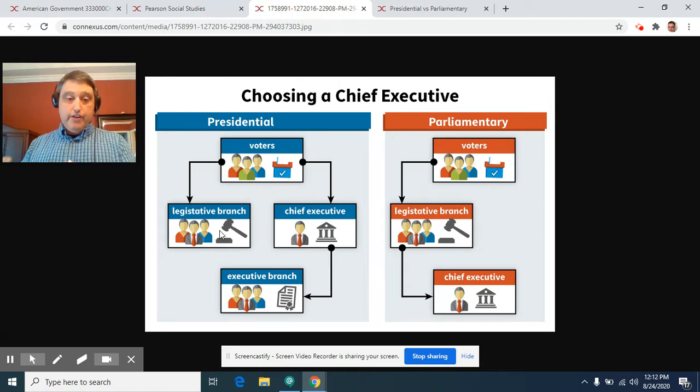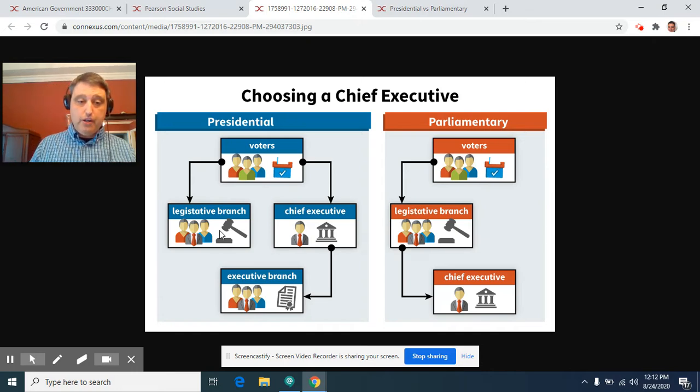The chief executive is the person who actually puts those laws into place. In the United States, that chief executive is called the president. In the UK, Great Britain, and Northern Ireland, the chief executive is called the prime minister. But the real difference, like I said, is the relationship between the legislative and chief executive.